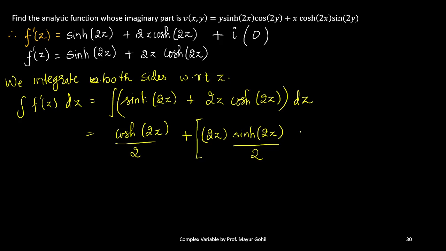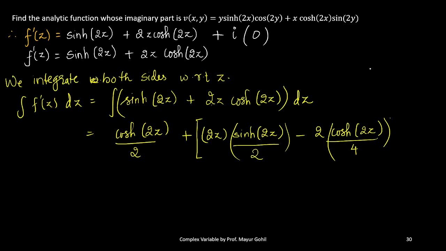And then we have a minus sign, and the derivative of 2z is 2, and we integrate this again, sin h 2z, it's going to be cos h 2z over 4. That is what is going to come. How do we get this? Because this is a single line integration that we have already seen in our basic video lecture. So I hope you remember that.